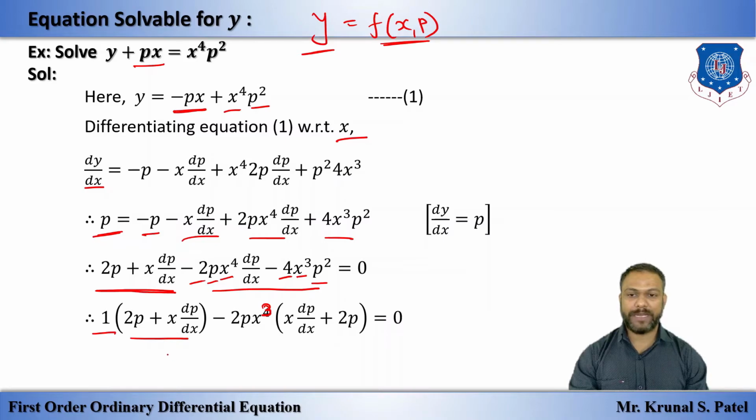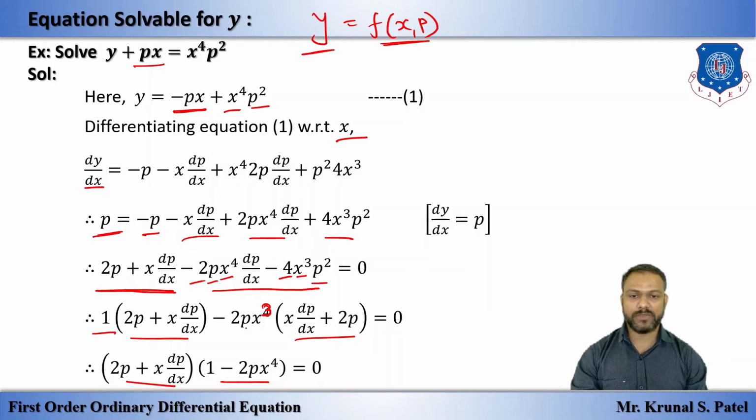So now we have two factors: 2p plus x dp by dx, and 1 minus 2p x cube. Then we equate the multiplication of these two to 0.